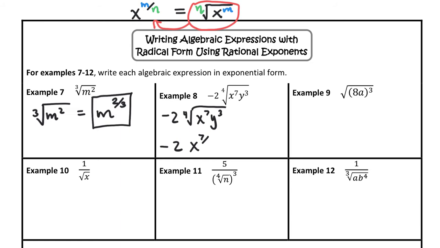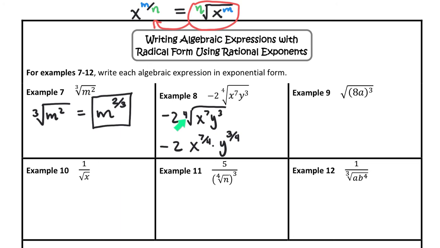So it's 7 divided by 4 times y to the power of 3 divided by 4. What happens is, if you have two different variables with different exponents, you can divide these exponents by the number in front.